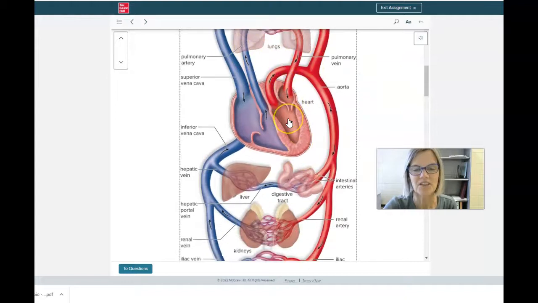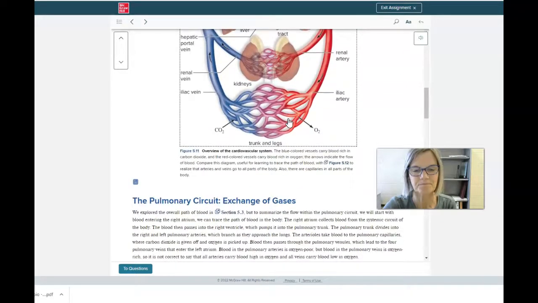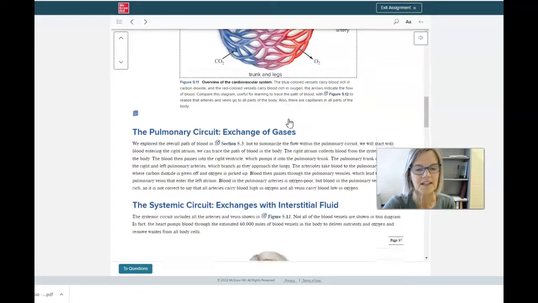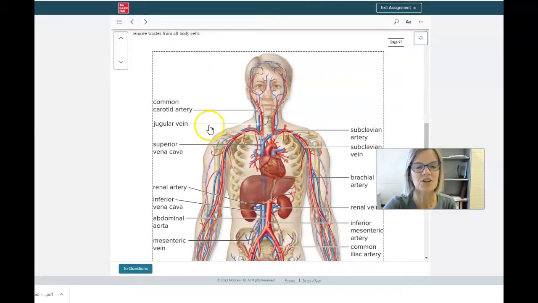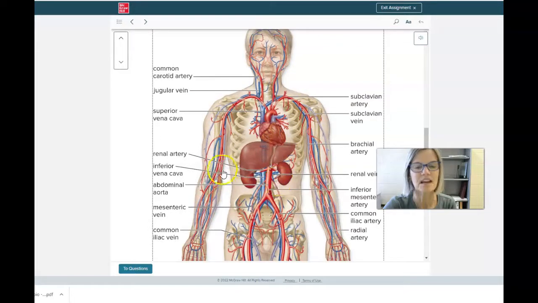You can check out this diagram to look at the pulmonary and the systemic circuits. This diagram is just showing you a lot of the arteries and veins, but remember, off of these arteries come arterioles and ultimately capillaries, and they merge back into the venules and into the veins. So this whole torso is going to be filled with blood vessels.